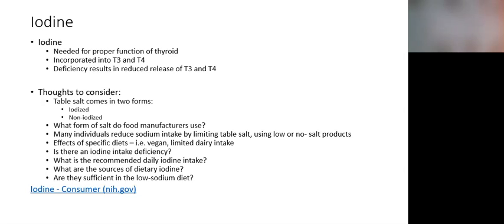The goitrogens interfere with the production of thyroid hormones by blocking iodine uptake and by interfering with thyroid peroxidase, the enzyme that incorporates iodine into the hormone, and reducing TSH. It's important to consider the fringe issues when challenged with patients suspected of hypothyroidism.